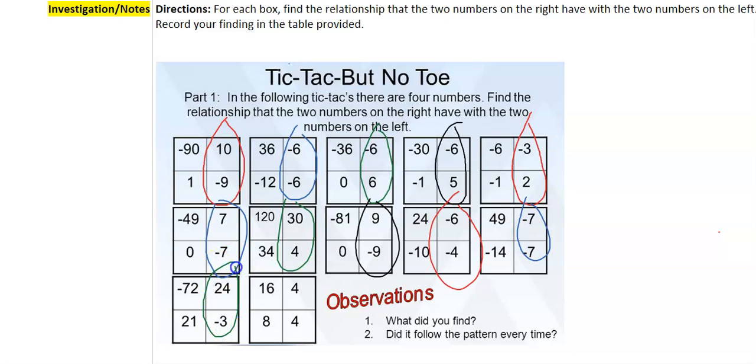And we have 24 times a -3, which does equal -72. And 24 minus 3 is equal to 21. Lastly, we have 4 times 4, which is 16, and 4 plus 4 equals 8. So this pattern holds true for every single one of these boxes.